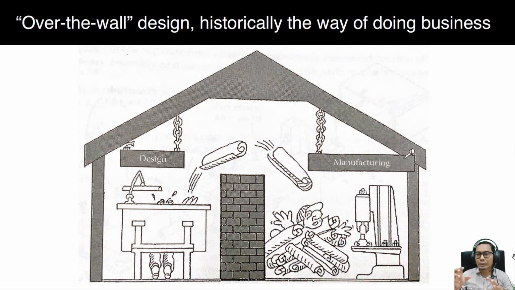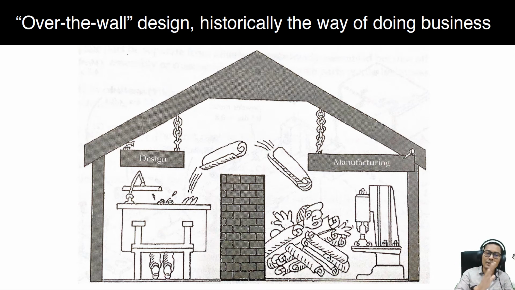This has now been termed the over the wall approach. The design team could also consist of industrial design together with mechanical design, and the other side of the wall is the manufacturing team who are going to produce the product.